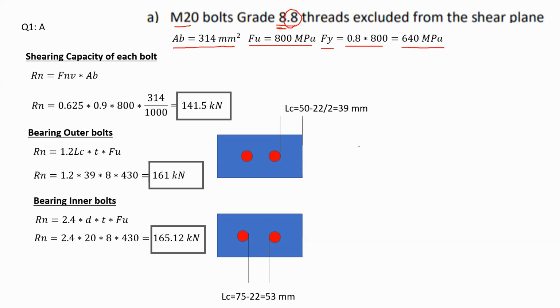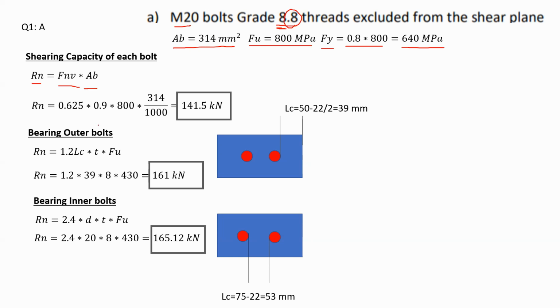Now, considering the shear capacity of each of the bolts, based on the provided information, we can calculate it from Rn equal to Fnv, the net shear stress capacity, multiplied by the area of each bolt.